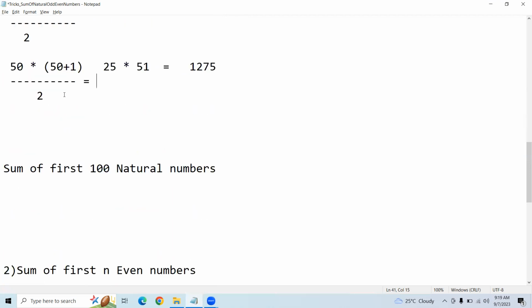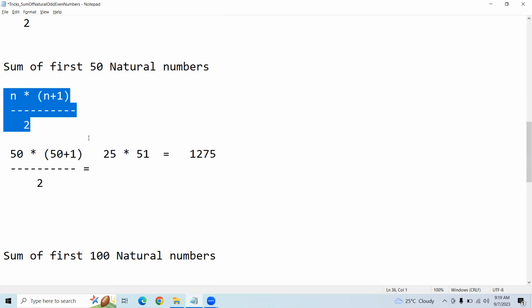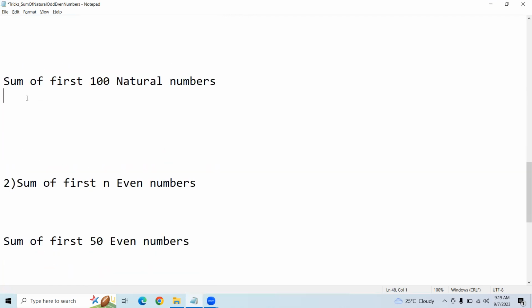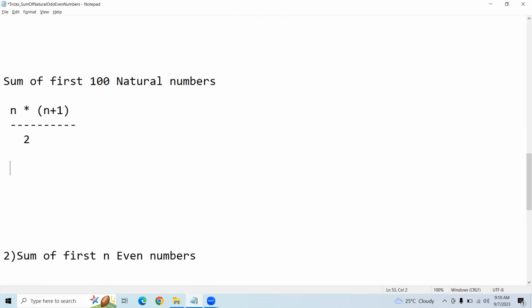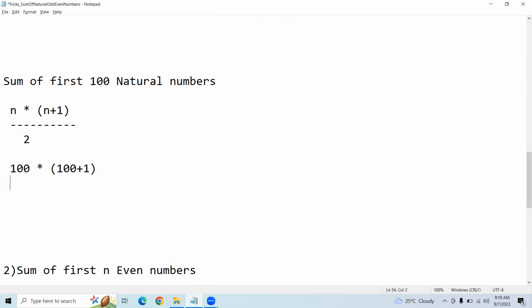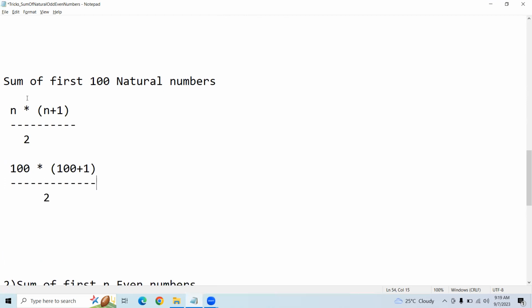Let's do it a similar way for 100. Let's write down the formula first and we just substitute the value. We don't need to take any additional effort. What is the value of n over here? 100. So 100 into 100 plus 1 divided by 2, which is nothing but 100 by 2 will become 50 and 50 into 101.